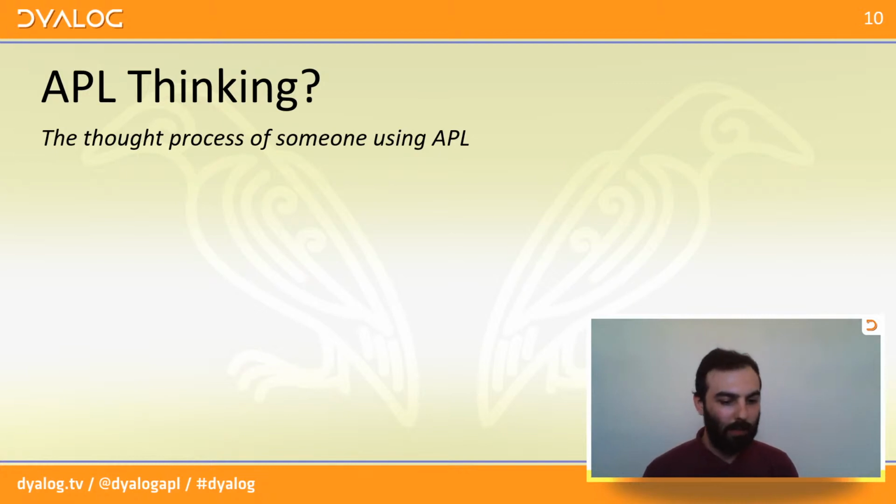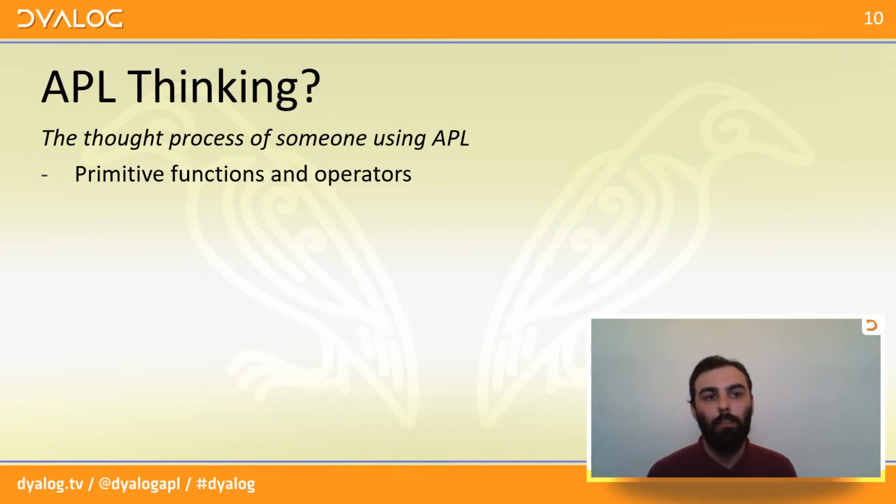Let's try and get a bit more specific now and ask, what is APL thinking? Obviously, we can rephrase this. It's the thought process of someone using APL, but that doesn't tell us much more. So we can ask some questions to try and narrow that down. Is APL thinking just the vocabulary and grammar that you use?